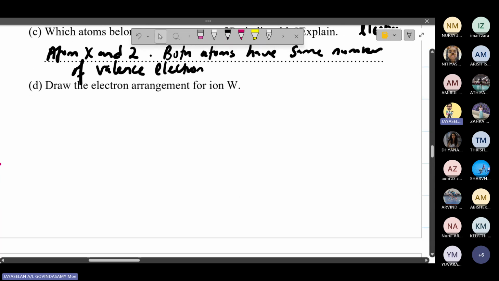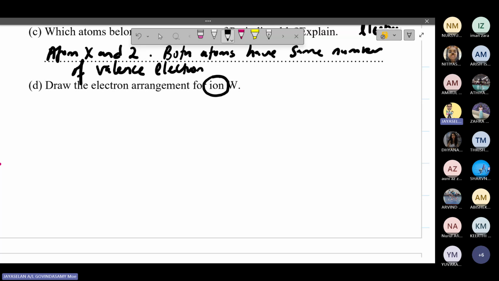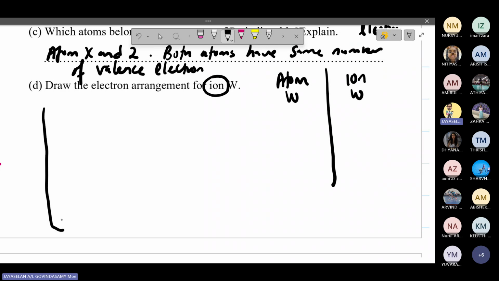Draw the electron arrangement of ion W. You circle this, ion W. So here you put atom W, so I put ion W. When you put ion, must open bracket. Ion, cation or anion, you must open bracket and close bracket.